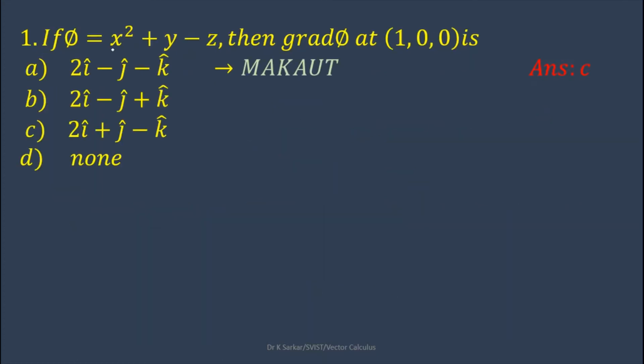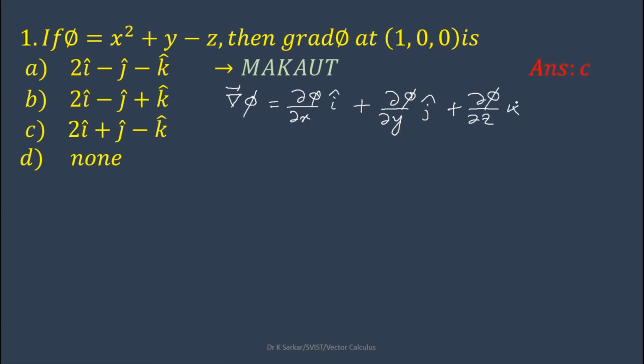Here is a question: if phi equals x square plus y minus z, then find grad phi at (1, 0, 0). We know grad phi equals del x phi i plus del y phi j plus del z phi k.